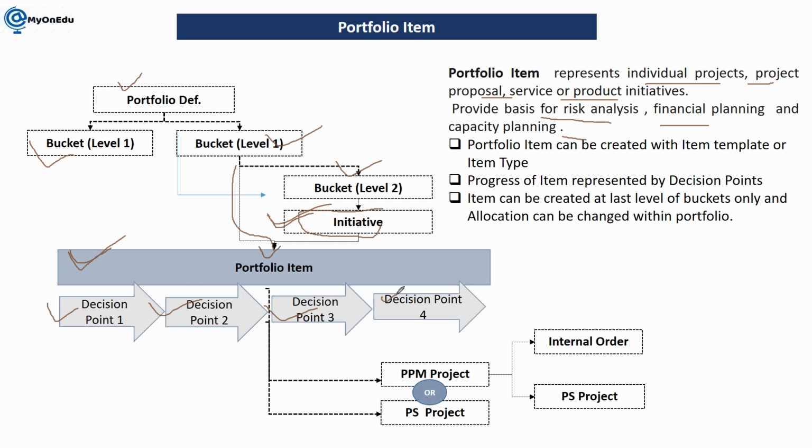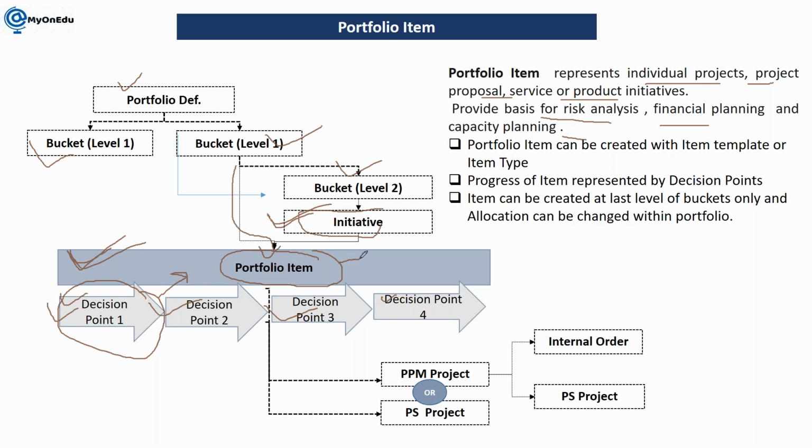In explanation, you can say stage gates, phase, or decision point. So this item is one object, and the decision point is another object which is linked with your item. When you're processing your item, you need to manage it individually, and you need to manage the decision point individually also.